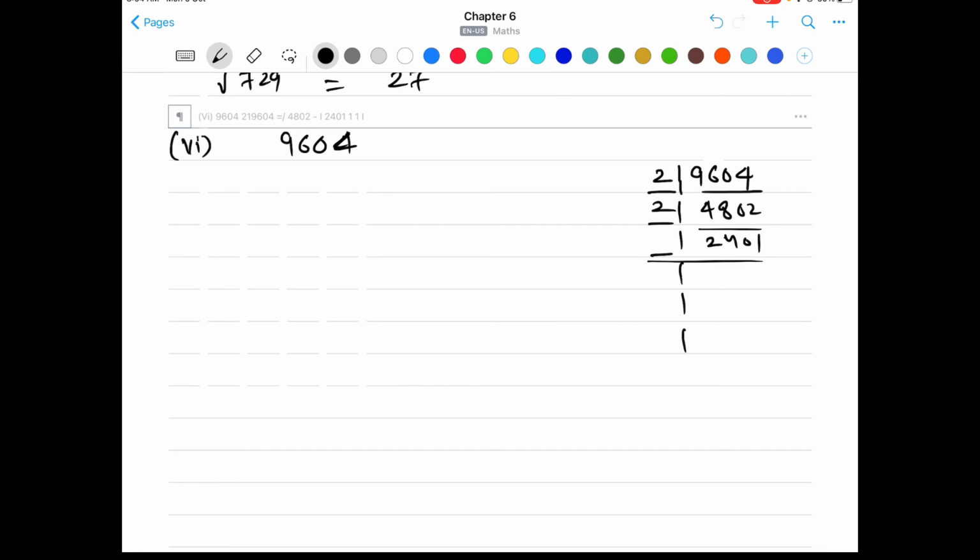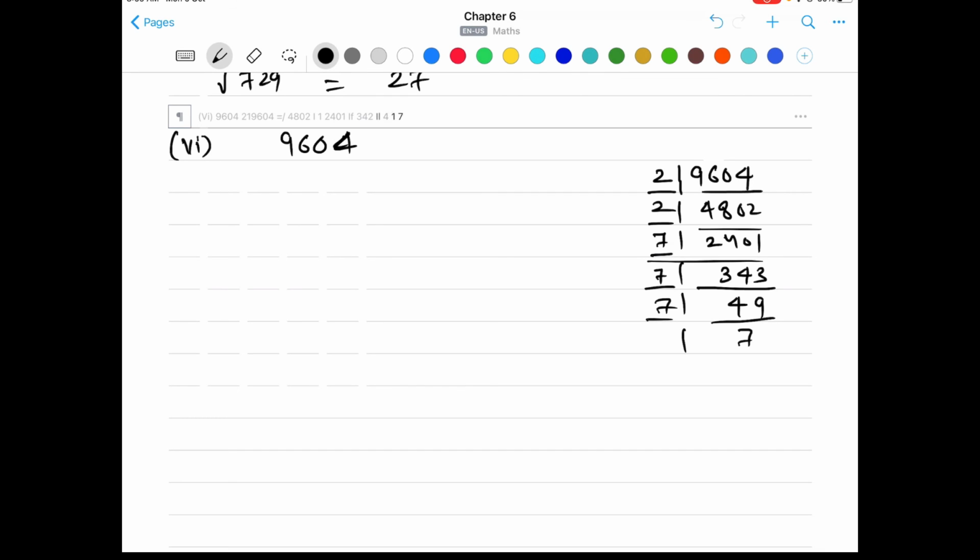The next number that could divide this: it is not divisible by 3, also not by 4, and 4 is not a prime number anyway. The next prime number is 5, this is also not divisible by 5. Next is 7, so this is divisible by 7. When you divide this by 7, you will get 343. Again dividing by 7 will get 49.